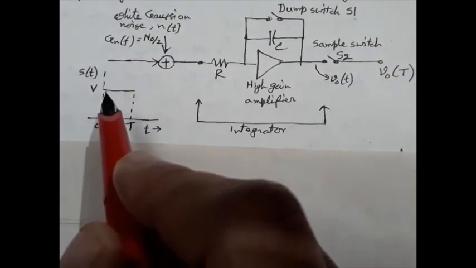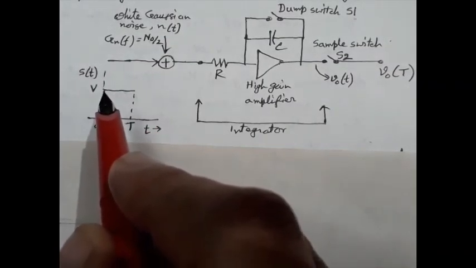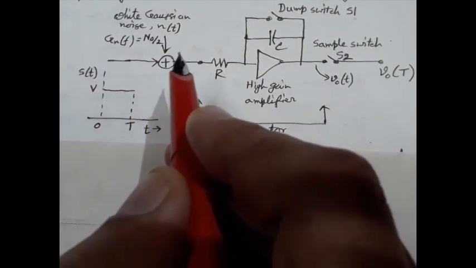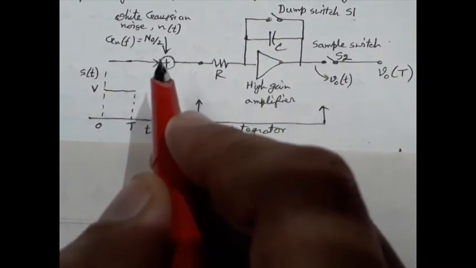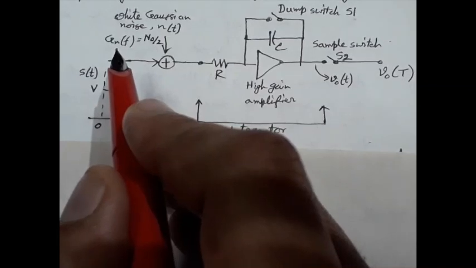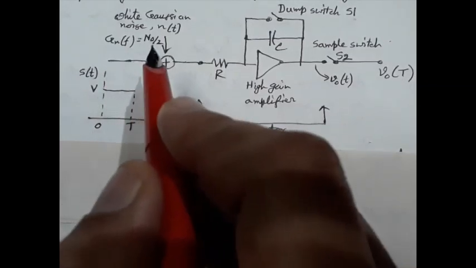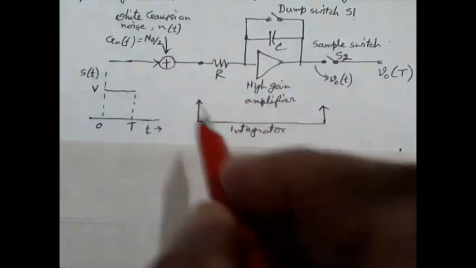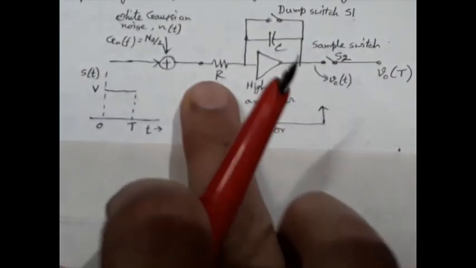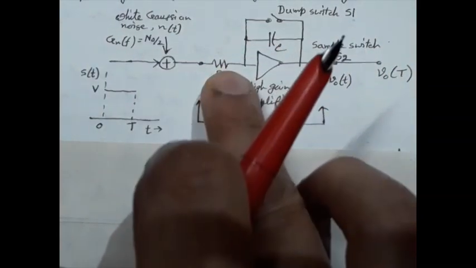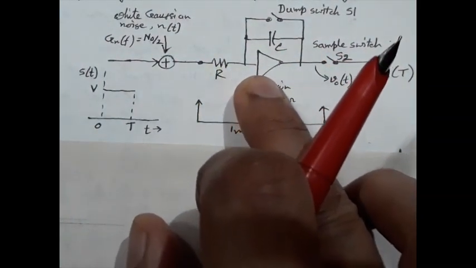The input signal is given in this way. Maximum voltage is V, and 0 to T is the bit time. Now in the channel some noise will be added, and we are assuming it is white noise, and its PSD is given as N0 by 2. This is the main integrator part, consisting of R and C and an amplifier.